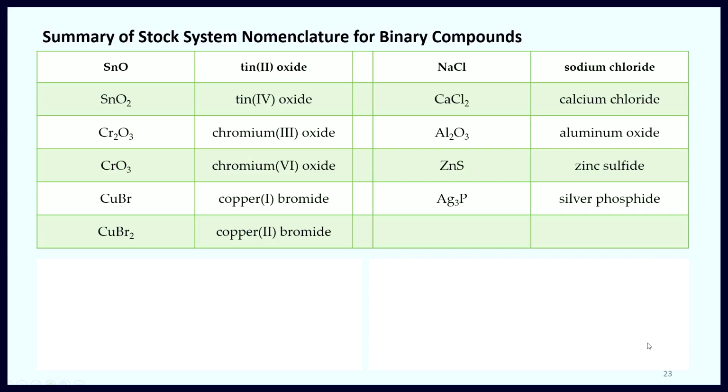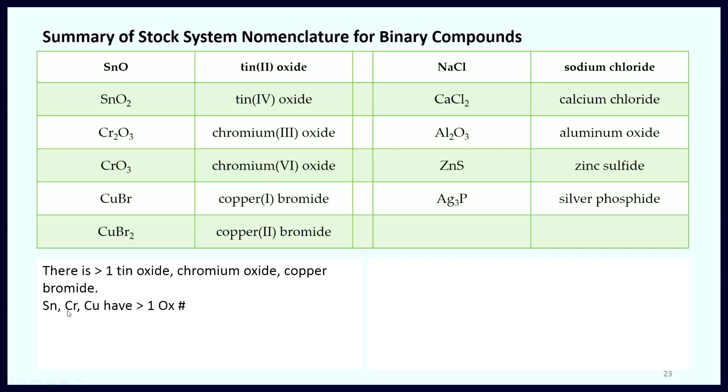So here's a summary of the stock system nomenclature for binary compounds. Look at compounds like tin 2 oxide and tin 4 oxide, chromium 3 oxide, chromium 6 oxide, copper 1 bromide, copper 2 bromide. What am I saying here? Well, you can see that there's more than one tin oxide, there's more than one chromium oxide, there's more than one copper bromide.